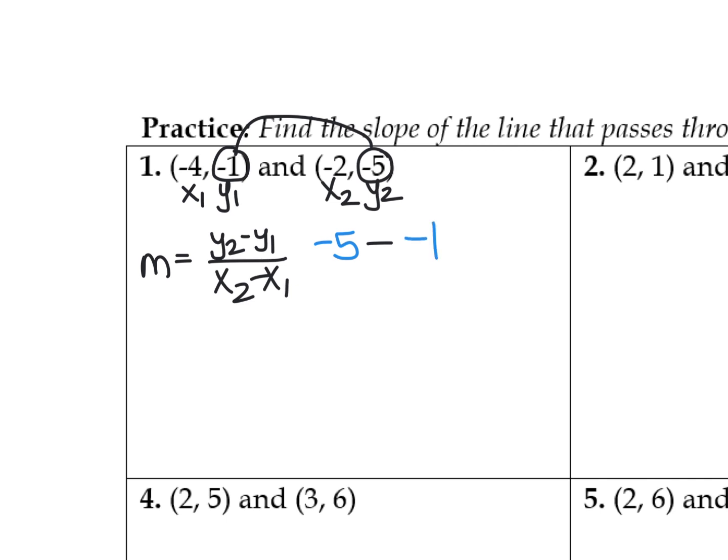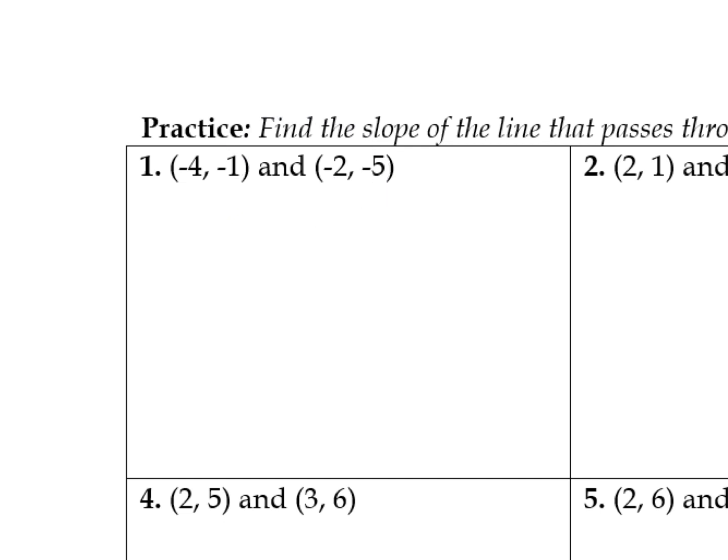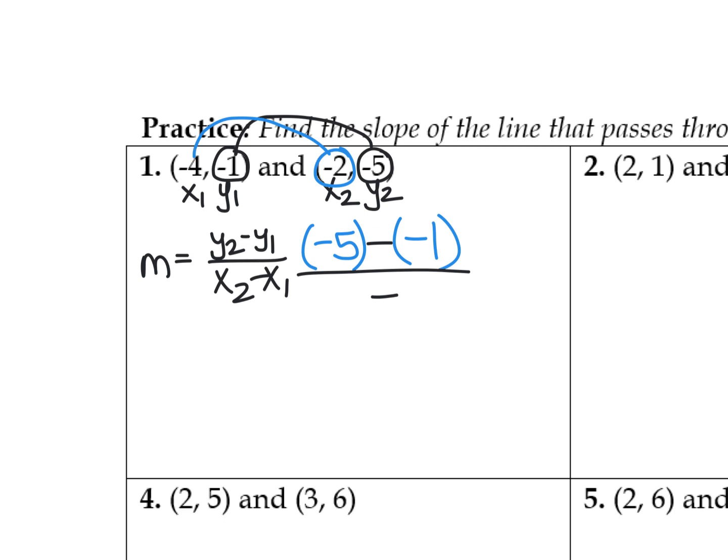Now you need to be very careful with your positives and negatives here. This is -5 minus -1. You could put them in parentheses if that helps you as well. On the bottom, I'm subtracting -2 minus -4.